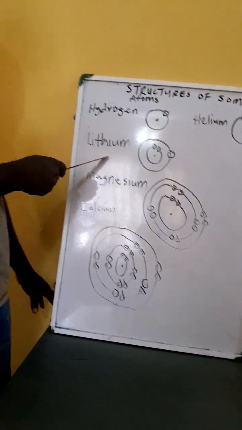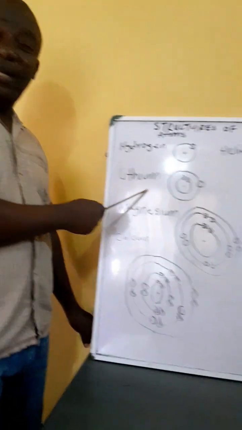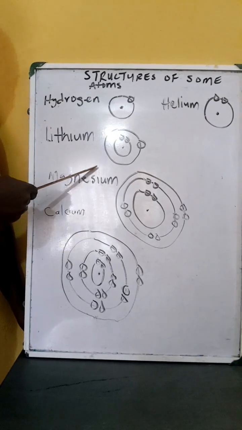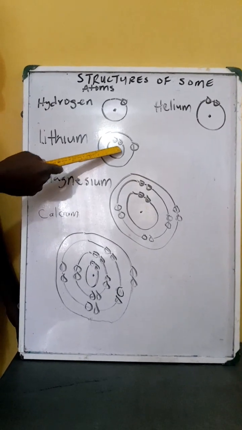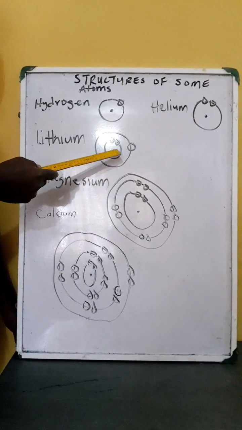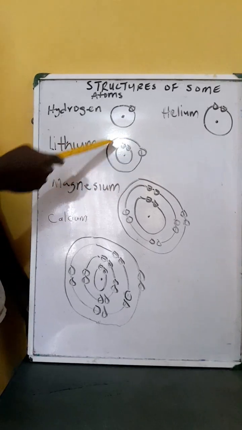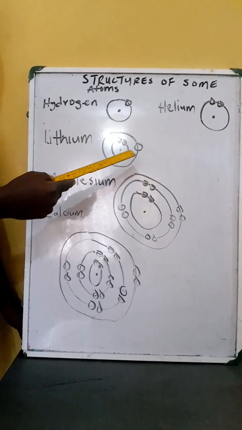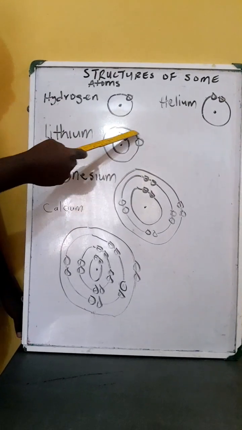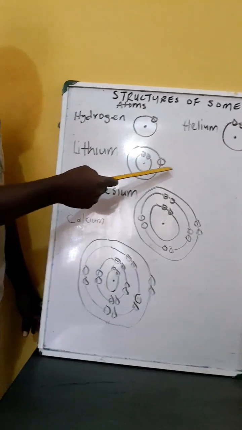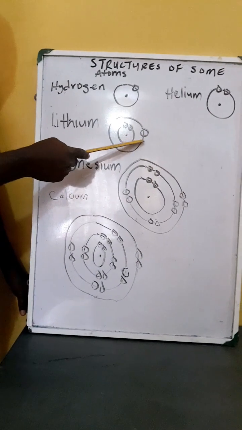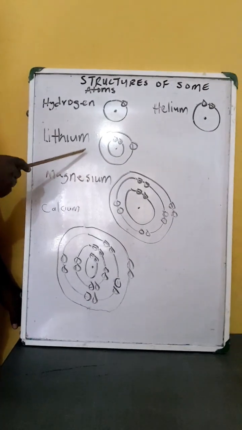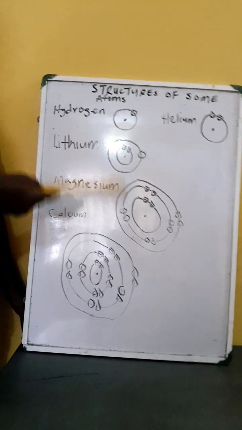Lithium is the third element. It has 3 as its atomic number. If you look at what I did here, I have drawn the 2 electrons revolving around the nucleus, and I added another energy level. After adding that energy level, I included the third electron that will complete the 3. So lithium has atomic number 3.